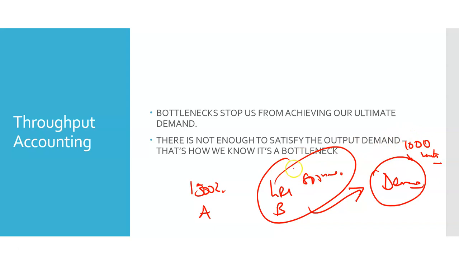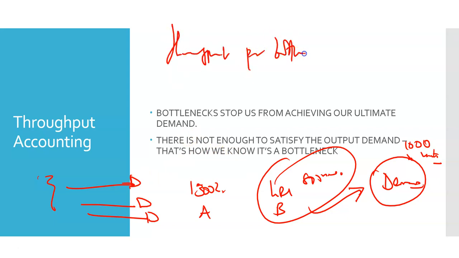Then you work to that bottleneck. You have a series of products going through, and your aim is to make sure it is the product that gives you the highest throughput per bottlenecked resource that we produce.